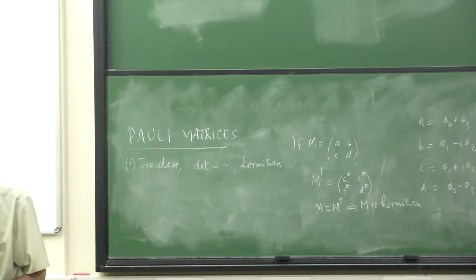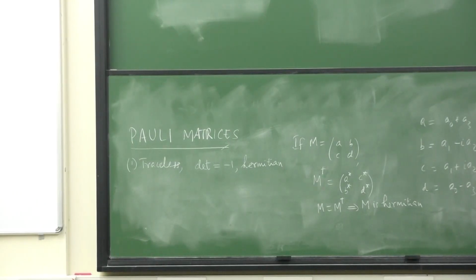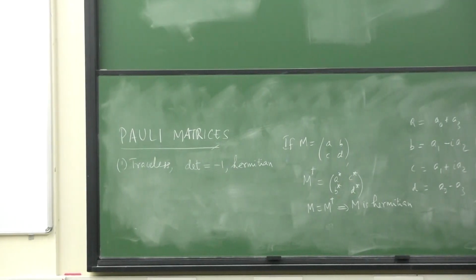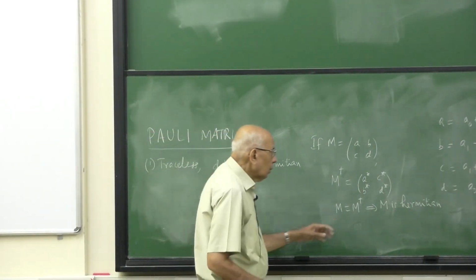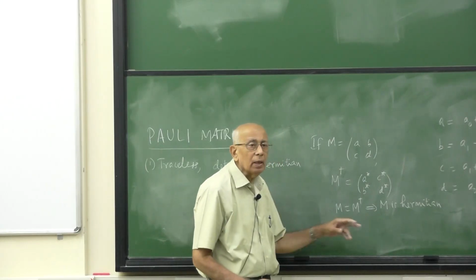What's the use of a Hermitian matrix? Well, it turns out that in quantum mechanics, when you represent physical quantities by matrices, if these quantities take on only real values, you would like to have them represented by operators or matrices which are Hermitian, because a Hermitian matrix has only real eigenvalues.